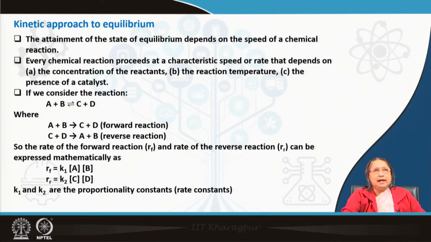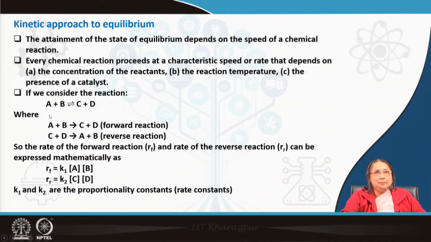Now, we can have this type of equilibrium by considering the kinetic approach also. The attainment of the state of equilibrium depends on the speed. For example, we start the reaction, A and B combine and react to form C and D. When the reaction just starts, the reaction proceeds fast, but after some time, when it is reaching towards equilibrium, the rate of the forward reaction and the rate of the backward reaction are the same.